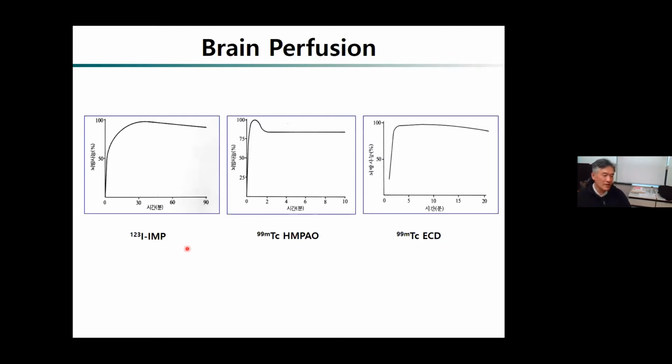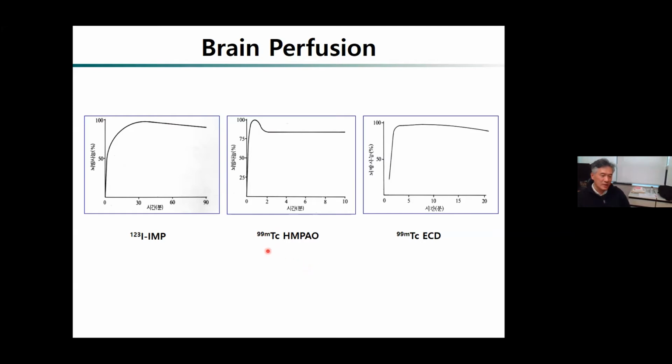Here are some different types of brain perfusion imaging agents: iodine-123 labeled IMP, and also HMPAO and ECD. The maximum uptake ratio and time are different, but the retention is almost the same, up to 90 minutes, or sometimes 10 minutes or 20 minutes.